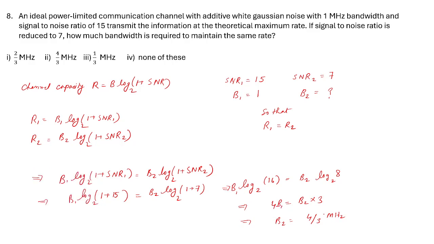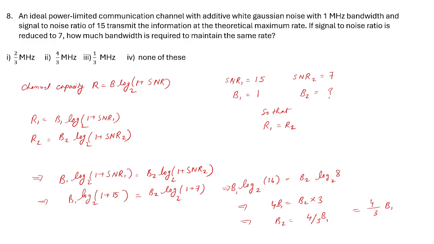Since B1 is 1 megahertz, you have your new bandwidth higher than that. Intuitively, if you are familiar with the capacity expression, you know that if you are reducing the SNR, to keep the rate the same you must improve the bandwidth.